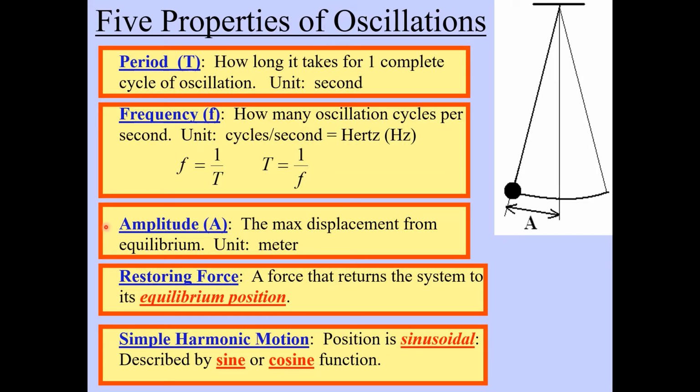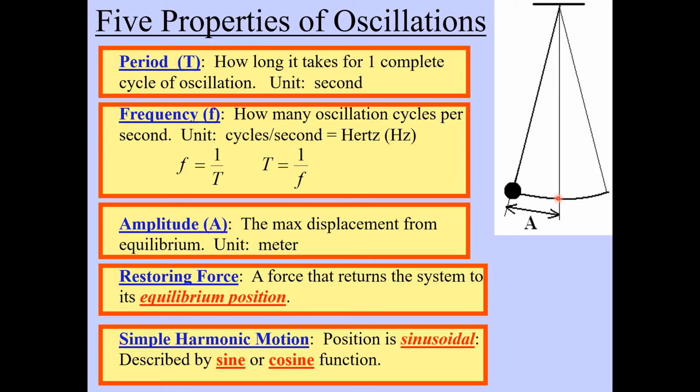The next property that all oscillations have is their amplitude. The amplitude of oscillation is the maximum displacement from equilibrium, and it's typically measured in meters. So let's go back to our pendulum here, which is swinging back and forth. Remember the equilibrium position of the pendulum is right here where I have my pointer, because this is where, when the pendulum is hanging straight down at rest, there's no net force on the pendulum.